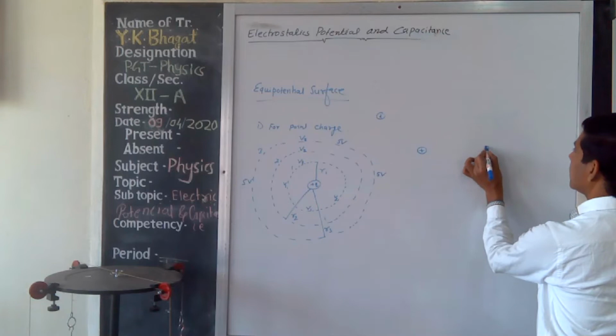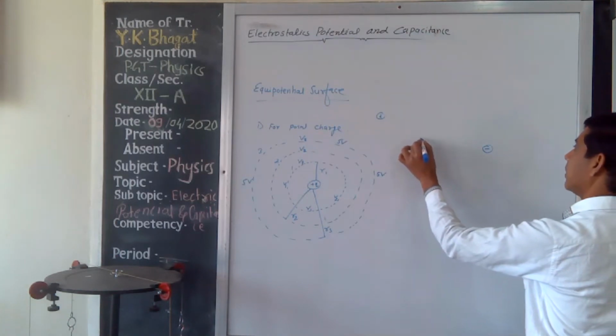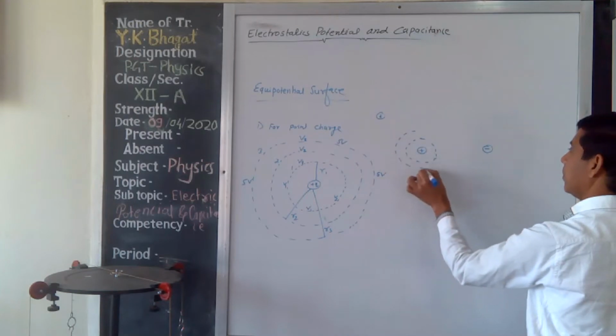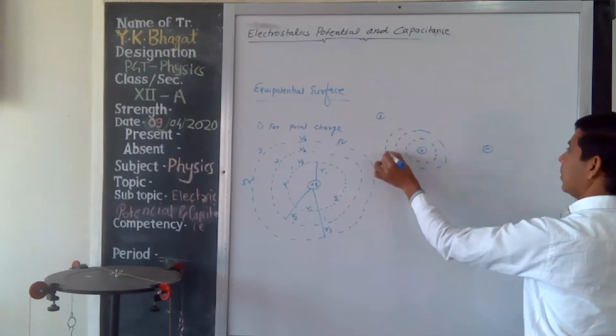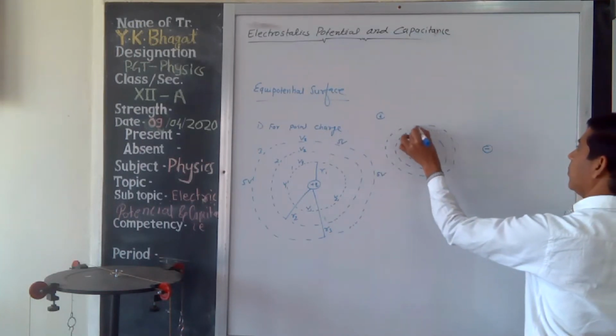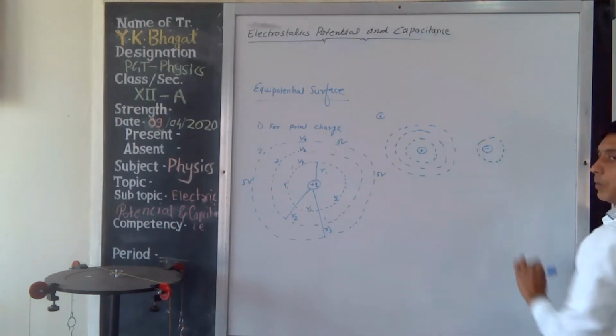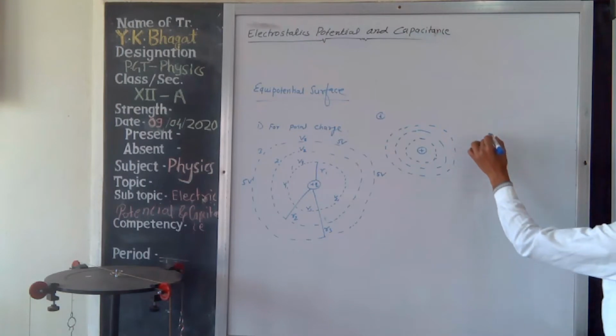Electric dipole means plus and minus. The pattern of an electric dipole is in such a way that due to plus, different potential will be applied. This is the potential due to the first charge.